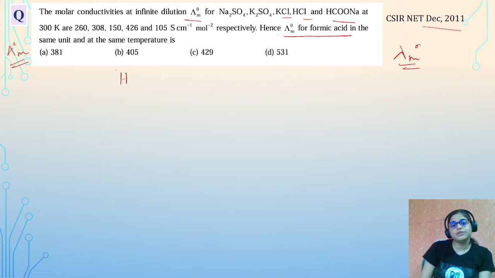Formic acid we know is HCOOH, right? After dissociation it will form H plus and HCOO minus, these two ions.